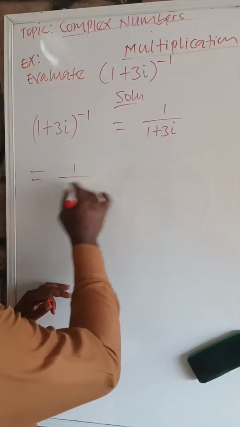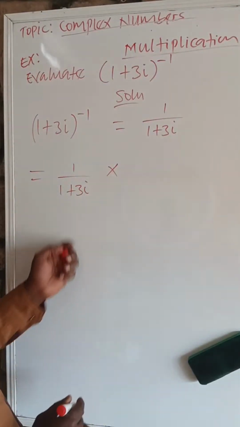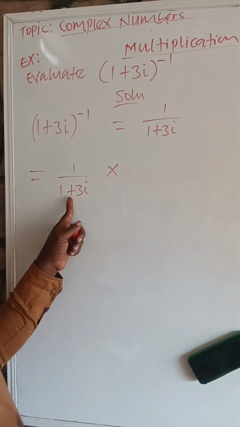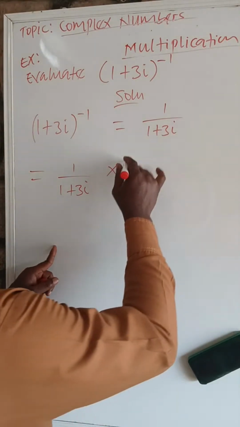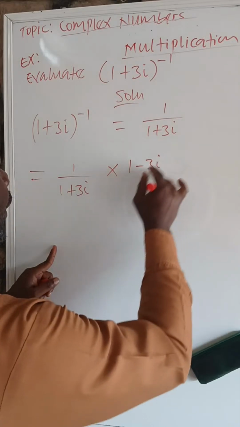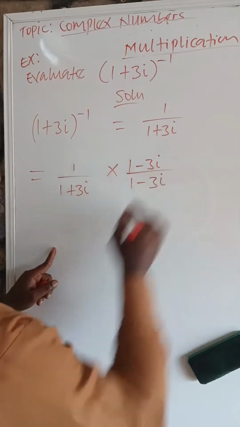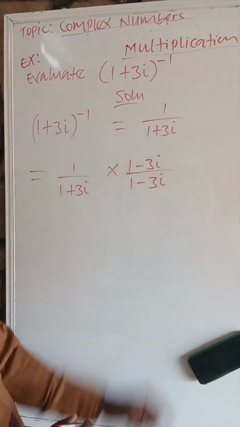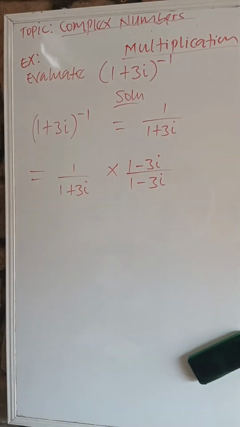So here we have 1 all over 1 plus 3i times 1 minus 3i all over 1 minus 3i. You can see that in between the real part and the imaginary part the sign is plus, so the conjugate has minus. Are you following? Please look at the board.